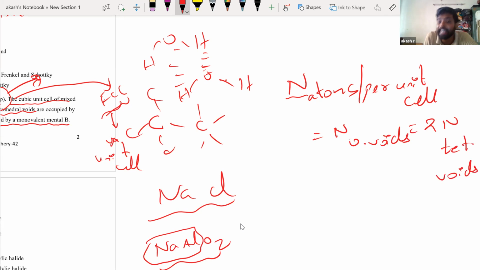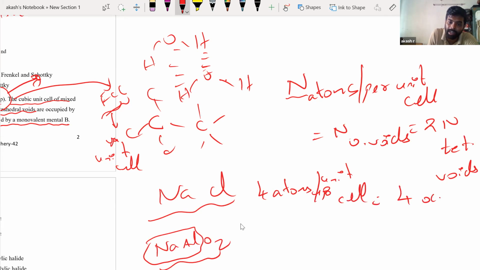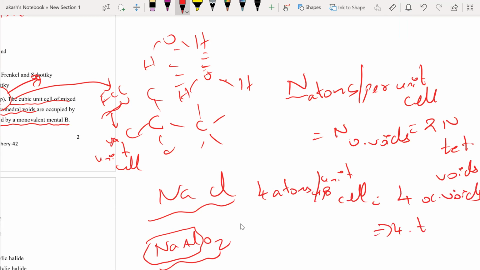That means if I find there are 4 atoms per unit cell, I will have 4 octahedral voids and, sorry, 8 tetrahedral voids.